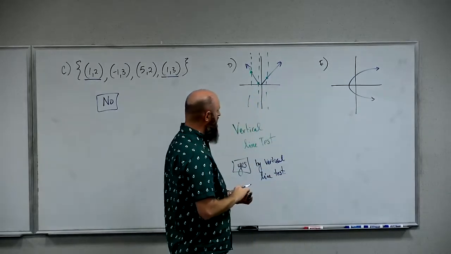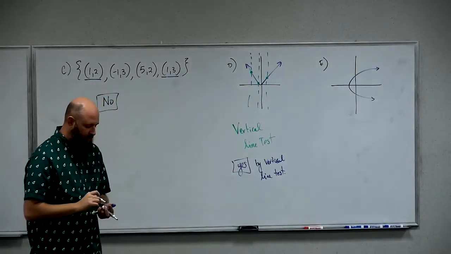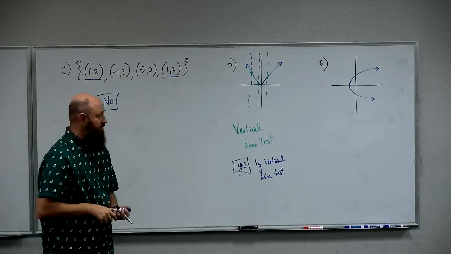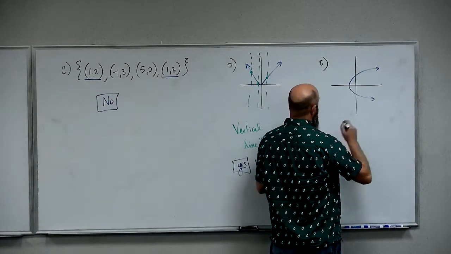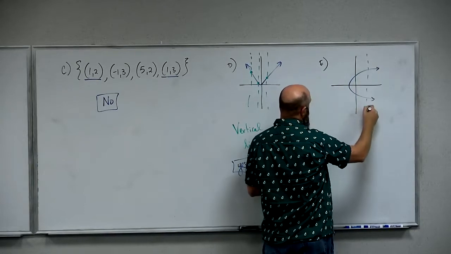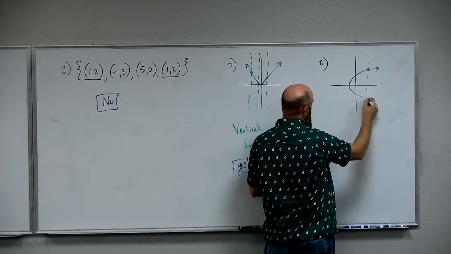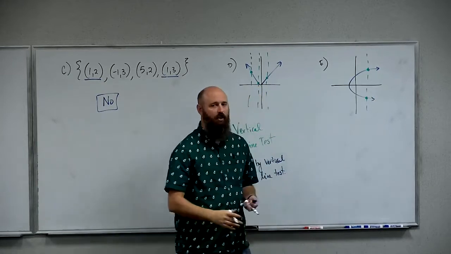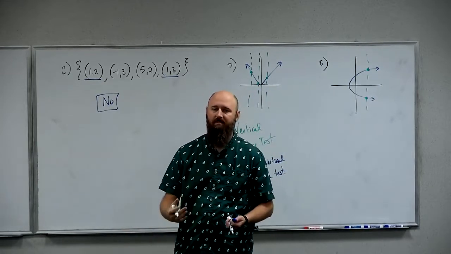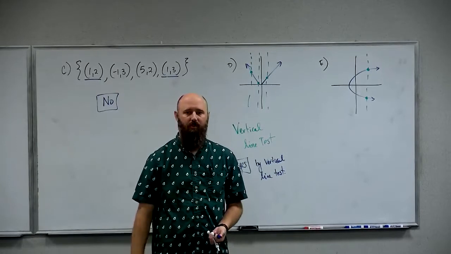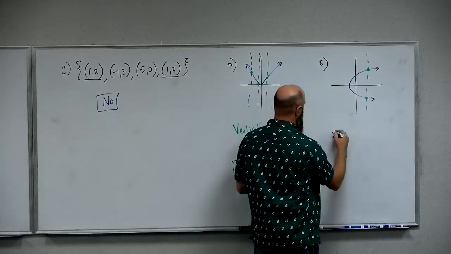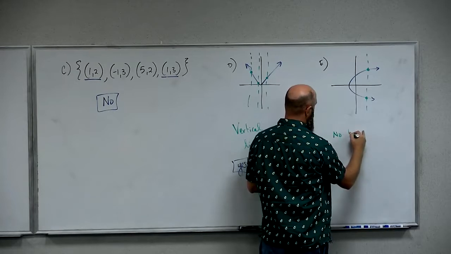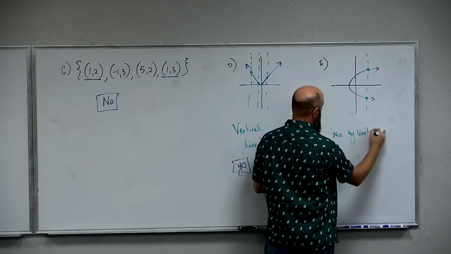All right, so here's another graph. We want to know, is it a function? So again, if we do our vertical line test, come over here, we do a vertical line test, we see, well, that hits twice. I do not need to do any more vertical lines. I see that it hits twice. It only has to do that one time. Hits it twice, anywhere. This is a no by vertical line test.